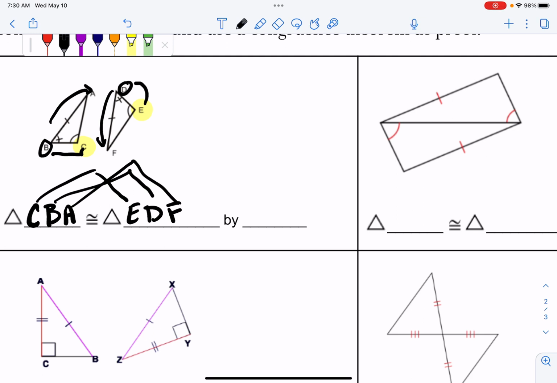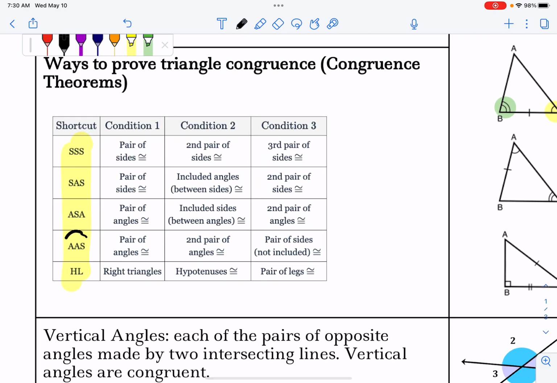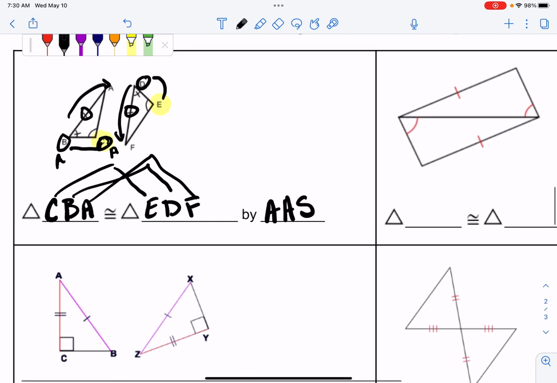And then what information did we have? Well, we started at C, which was an angle, so that's an angle. Then we went to another angle, so that's an angle. And then over here, we have a side. So this is by angle, angle, side. And then if you look up at our congruence markings, angle, angle, side is right here. Two angles in a row and then a side.